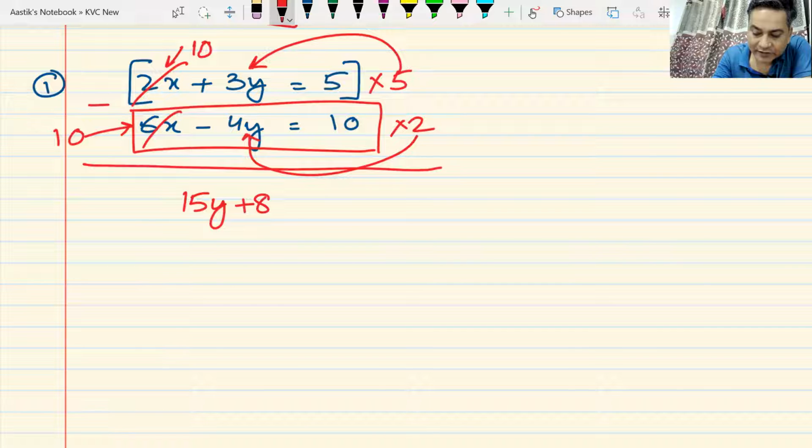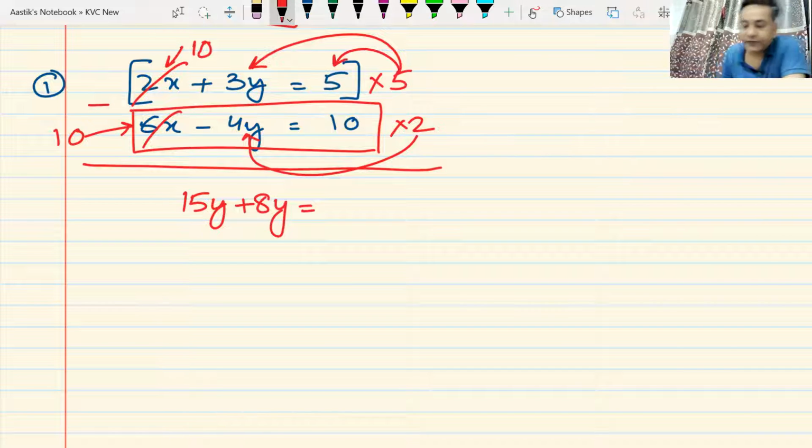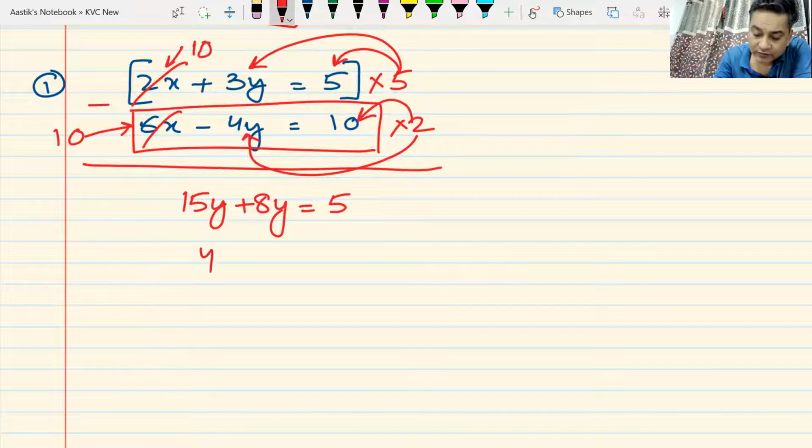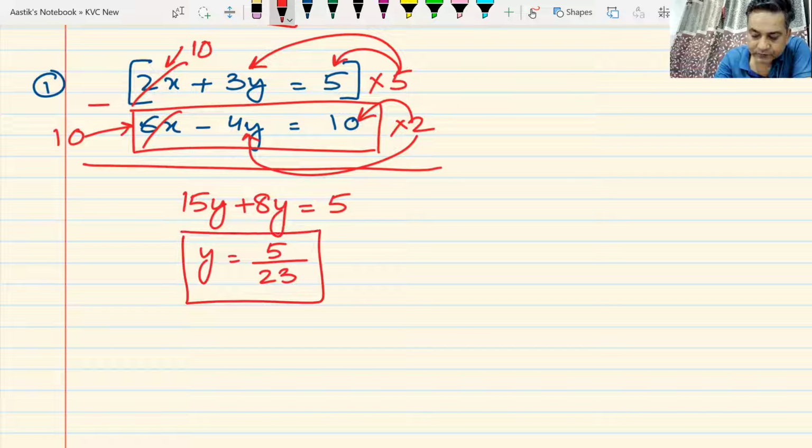So it will be 23y is equal to 5 multiplied by 5, which is 25, minus 2 multiplied by 10, which is 20. 25 minus 20 is 5. And that is the answer that I'm going to get. y is 5 by 23. That is the answer that I am getting.